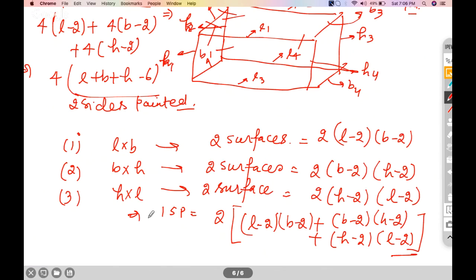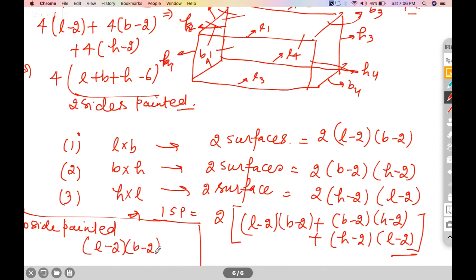That is what you have to get. And zero side painted would be, I'm writing here in the corner, (L minus 2) multiplied by (B minus 2) multiplied by (H minus 2). This would be zero side painted. So that's your generalized value.